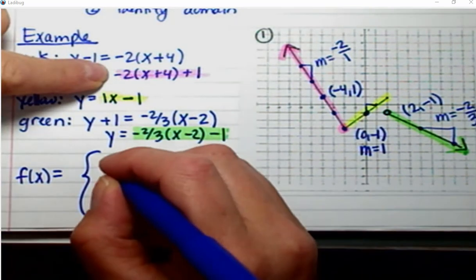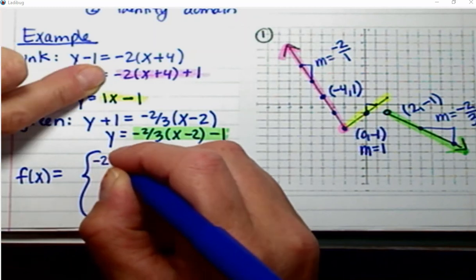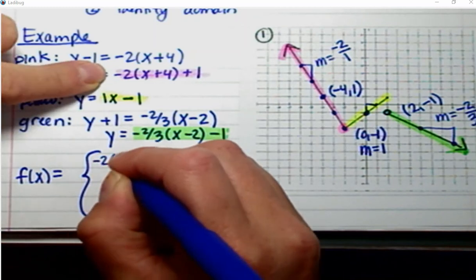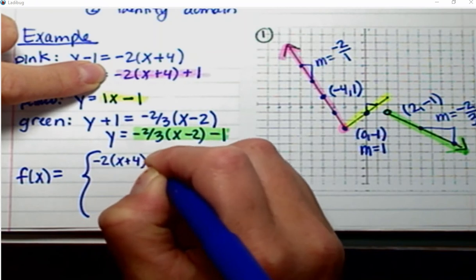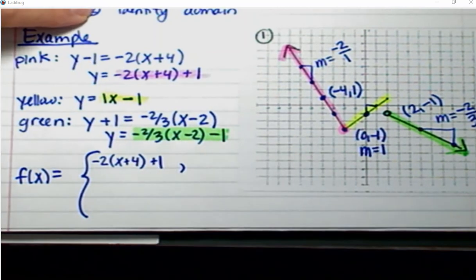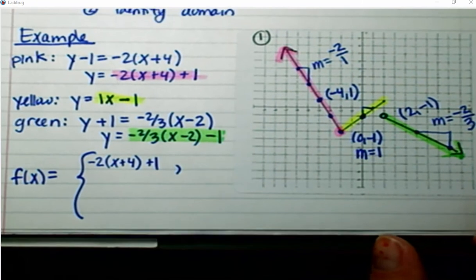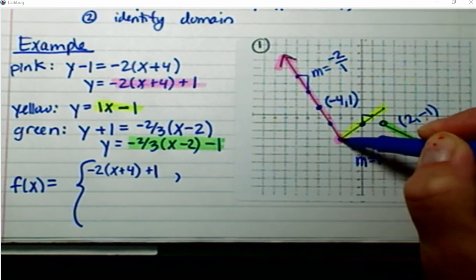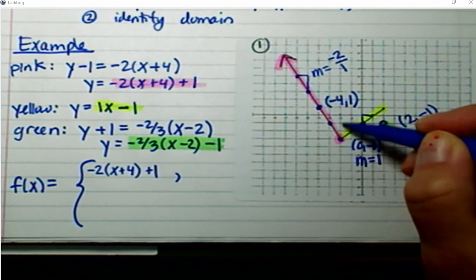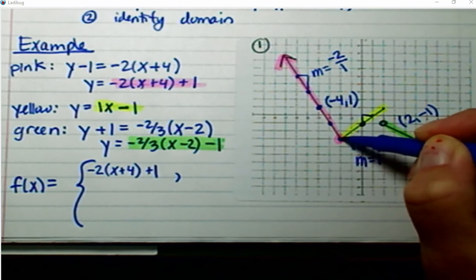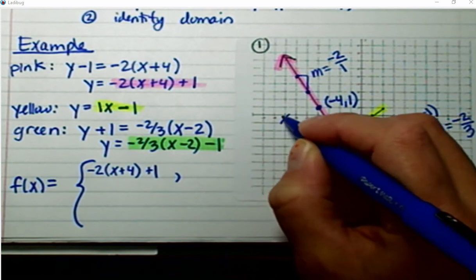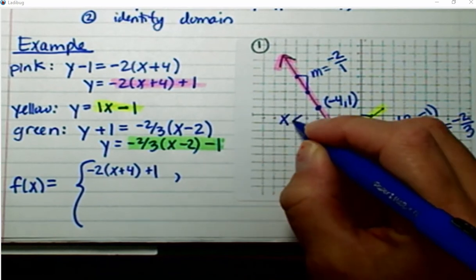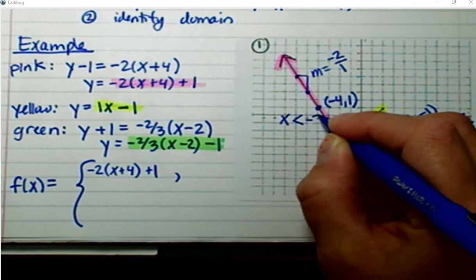Okay, so I'm going to just start with pink, -2 comma. Now I've got to identify the domain. Well, it starts here at -2 and it goes to the left, less than -2.